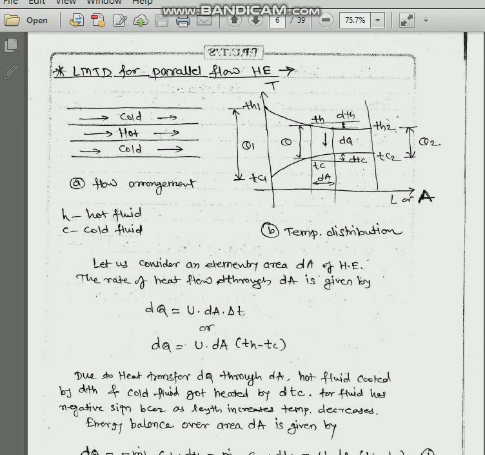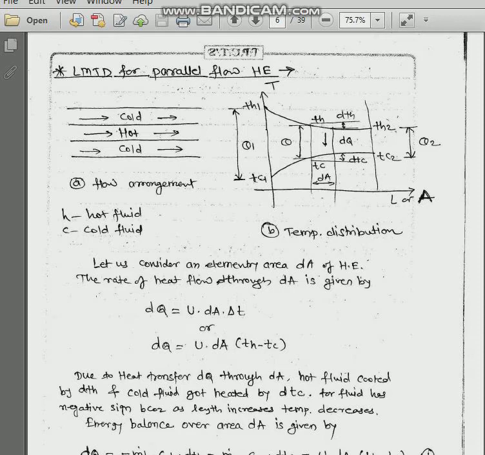The same equation can also be written as dQ is equal to U into dA into TH minus TC. Now TH of course is the temperature of hot fluid, and TC is the temperature of cold fluid.